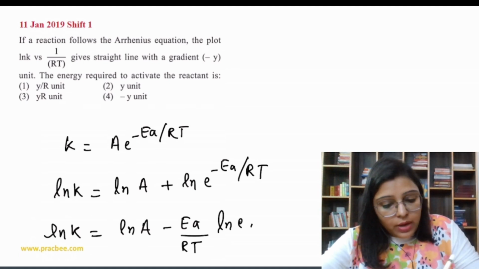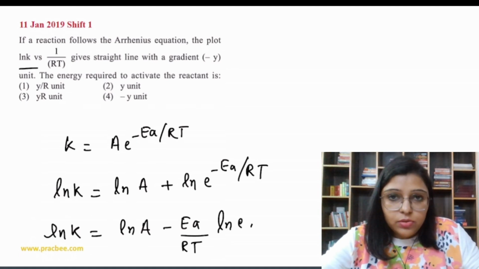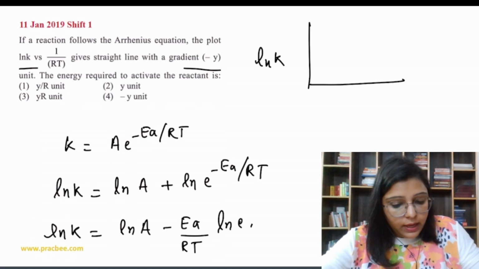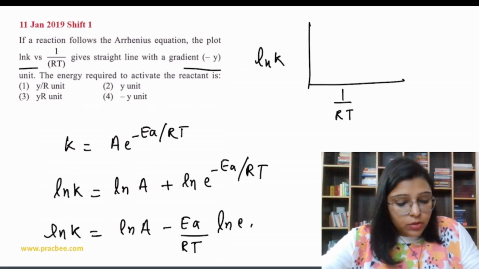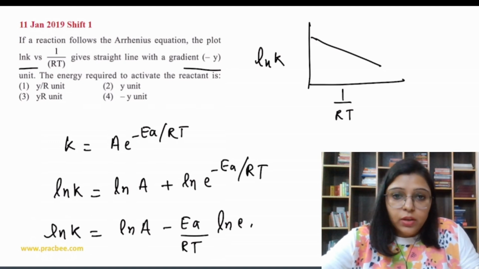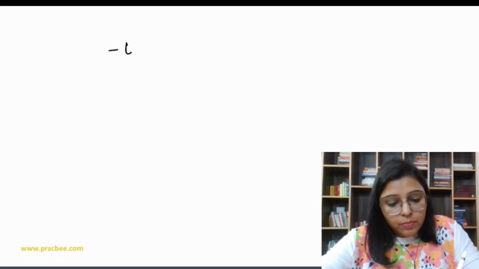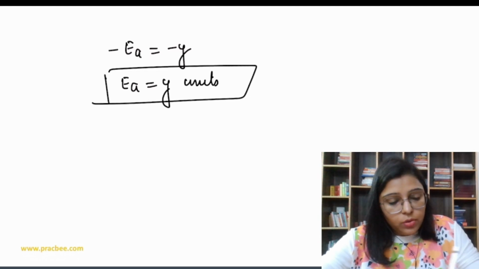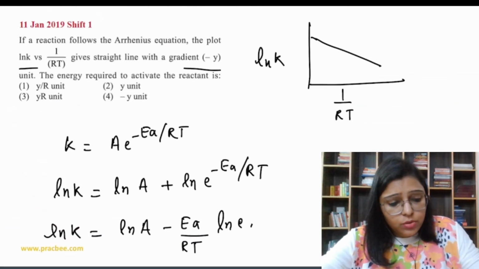So ln K versus 1 by RT, the gradient gives the value of minus y. So if I plot a curve of ln K and 1 upon RT, we get a negative slope, like this. So minus Ea is equal to minus y, so the Ea value is going to be y units.